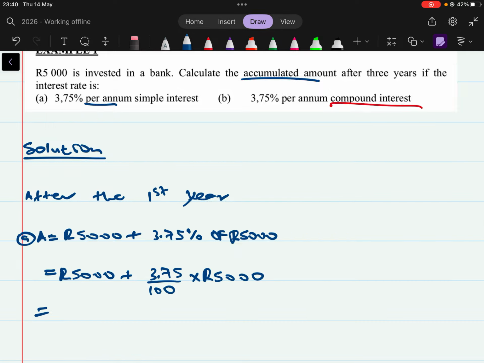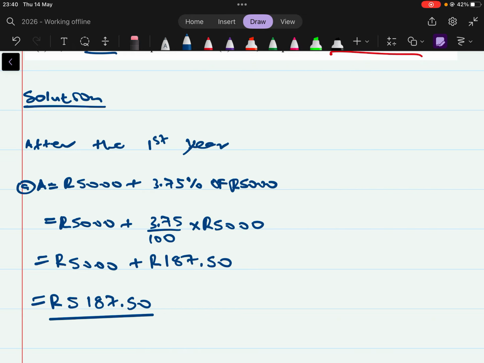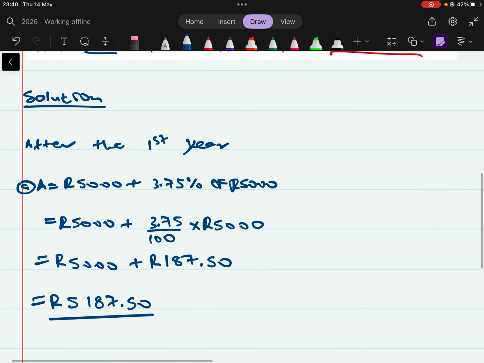Then you can maybe simplify it further. I'm just doing the long calculation so that everyone understands how to do the calculation, but at some point we're gonna skip some of the steps. I'm just calculating now. This is 187 rand 50 cents. So this is gonna be 5,187 rand 50 cents. This is how much the investment will be worth. The accumulated amount will be at the end of the first year.